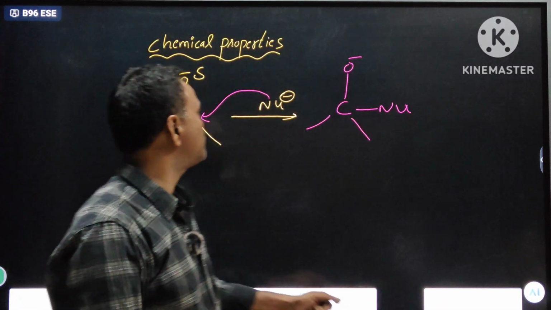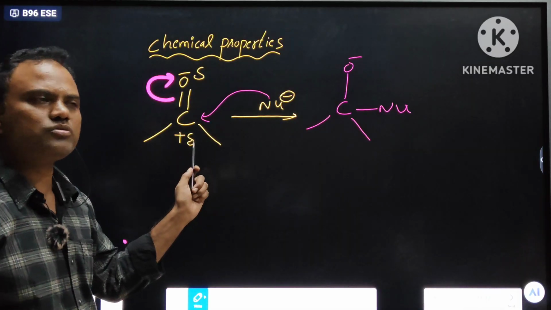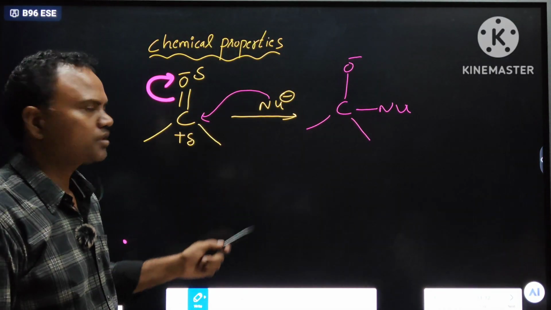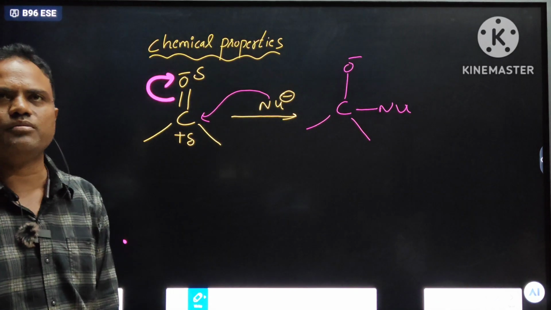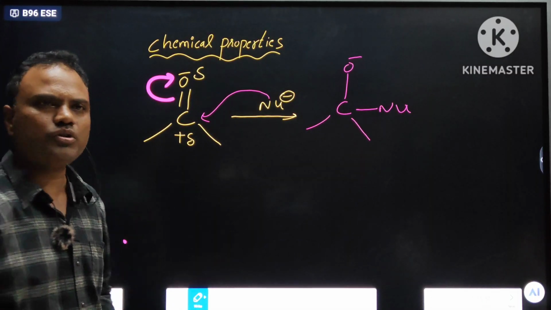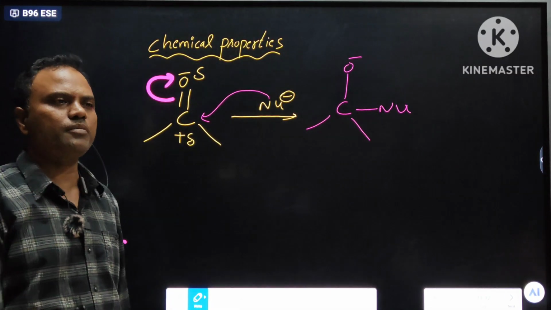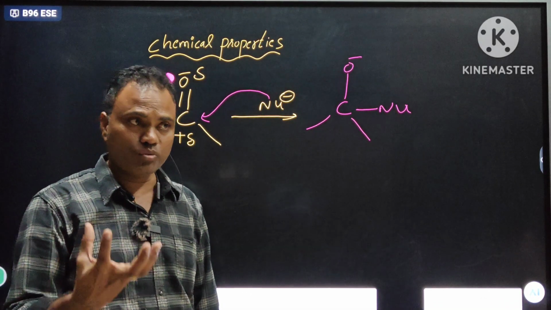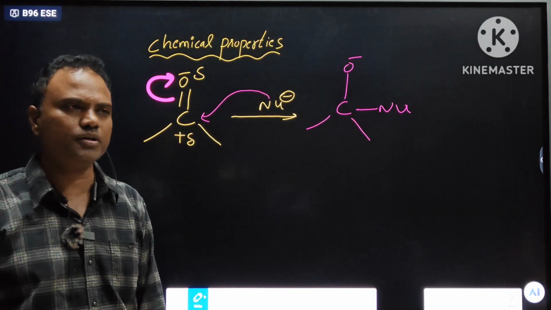The carbonyl carbon is having a positive charge because of the electronegativity difference; oxygen is more electronegative. So the nucleophile attaches to the positively charged carbon. That is the key point: for nucleophilic addition, more positive charge should be present on the carbonyl carbon. Clear?